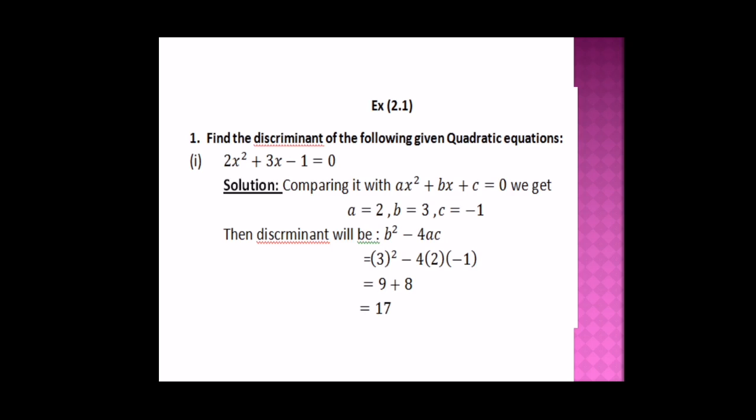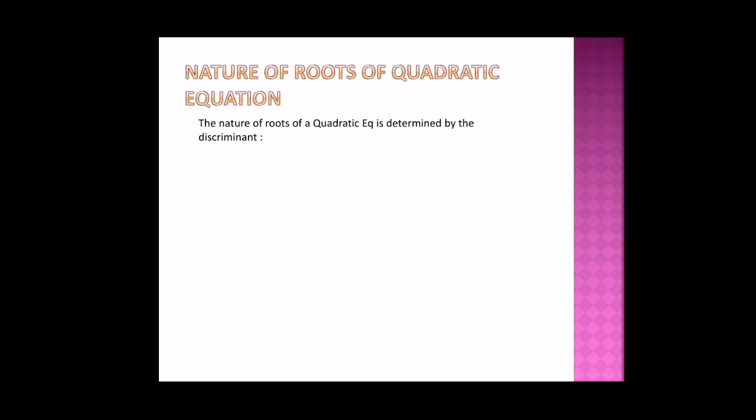Now we will move towards the second content of today's lecture, that is finding the nature of roots of the quadratic equation by using discriminant. Now, why do we find the discriminant? The discriminant is used to find the nature of the roots of the quadratic equation, and there are certain rules applied to the discriminant, according to which we decide the nature of the roots.